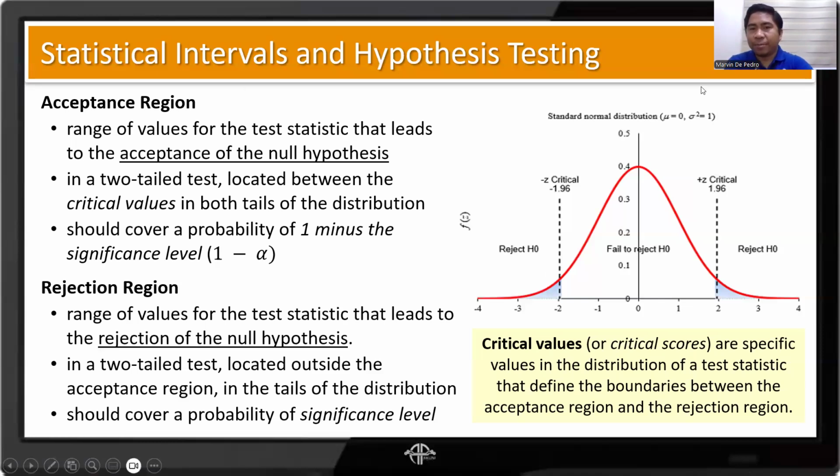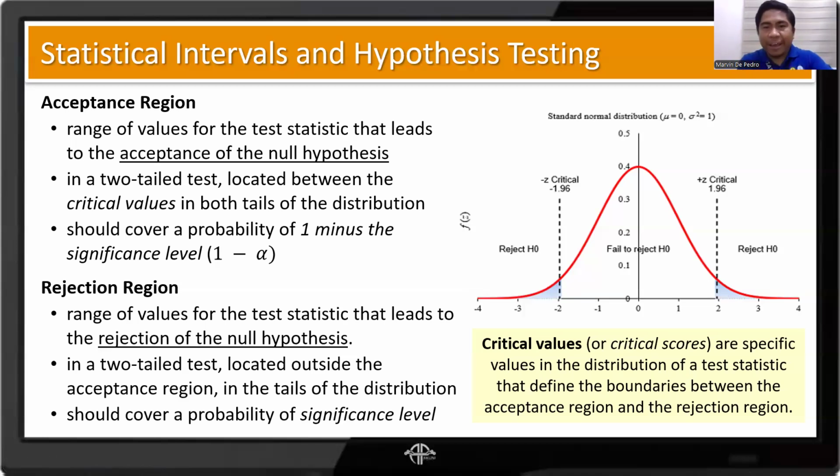Whatever the area under this portion and this portion constitutes your significance level. So when we say 5% significance level, 5% of the entire curve is covered by your rejection region and 95% is covered by your acceptance region.